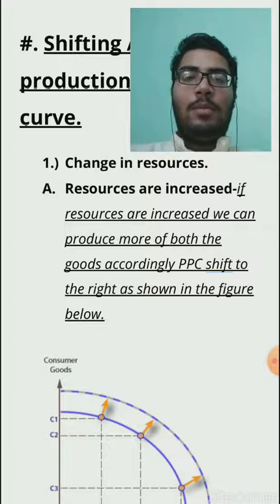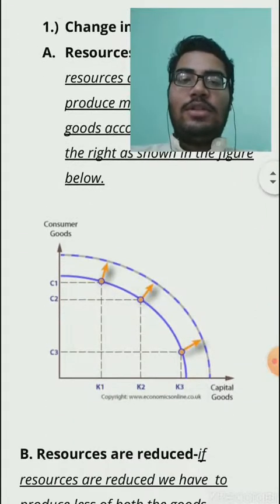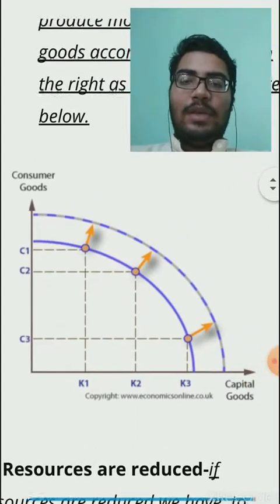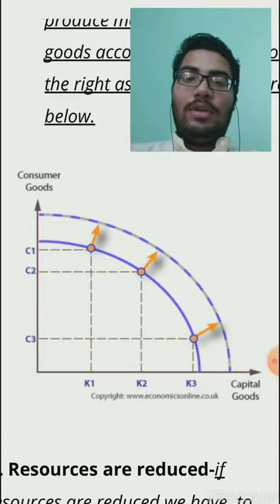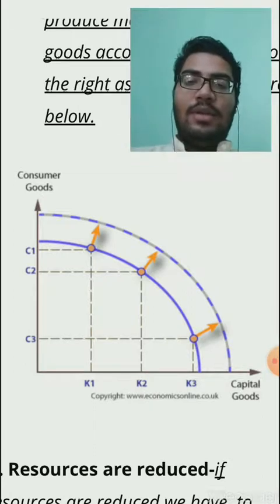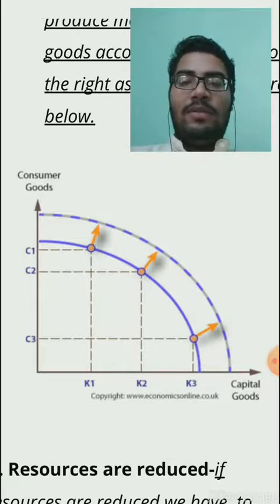In an economy, if resources are increased, then the PPC will shift to the right, as you can see on your mobile screens. Look, in the first situation, the simple blue line is the old production possibility curve.